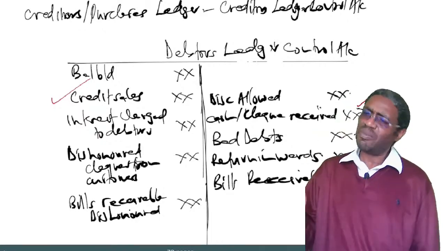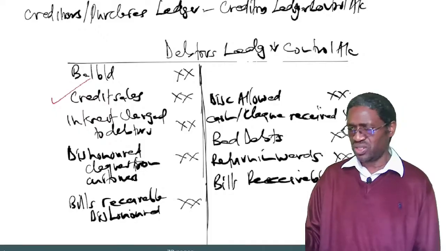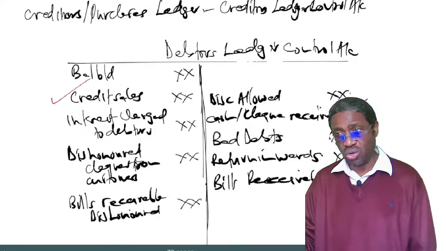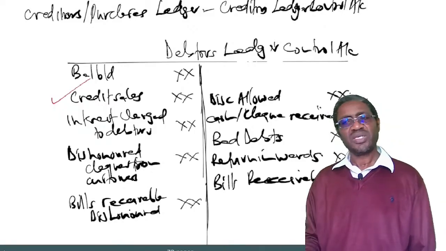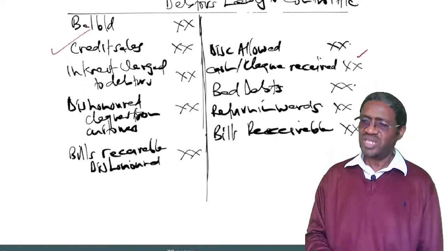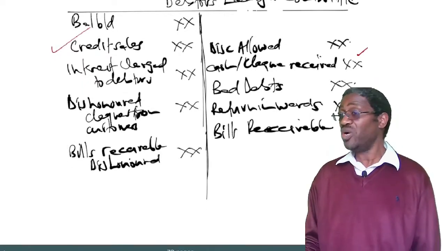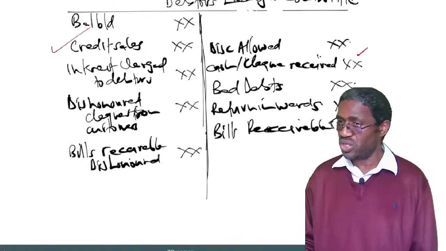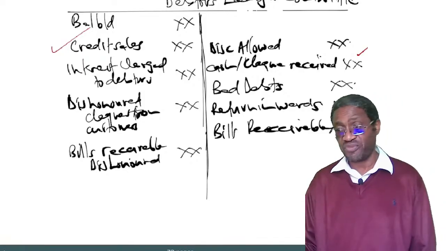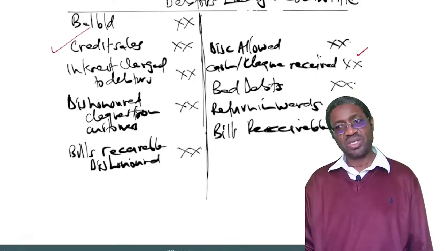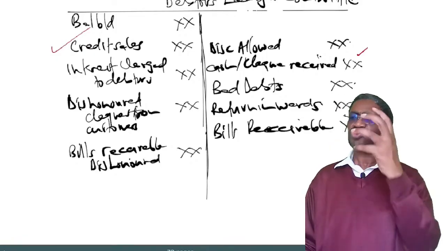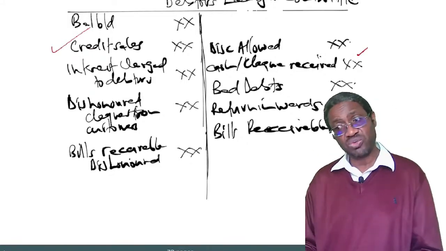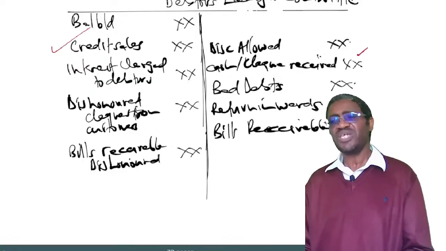If an item is supposed to be credited in the debtor's account, that same item should also be credited in the control account. That's why I told you these control accounts are not part of double entry. They are just memorandum accounts. We call them memorandum accounts or reference accounts. Good. But they are just there to help you to know whether you committed an error in the respective accounts. Because I told you, here, you always bring the totals only.